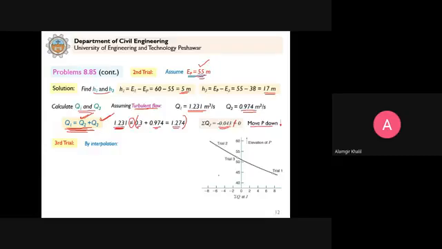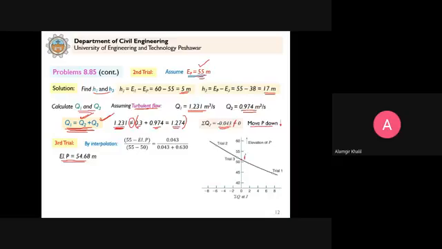But as I said before, we can use this diagram to simplify our solution. So in this case, we use interpolation to get the value of EP. So how we get this value? With reference to this diagram, this EP equal to 54.68. This is this value here.